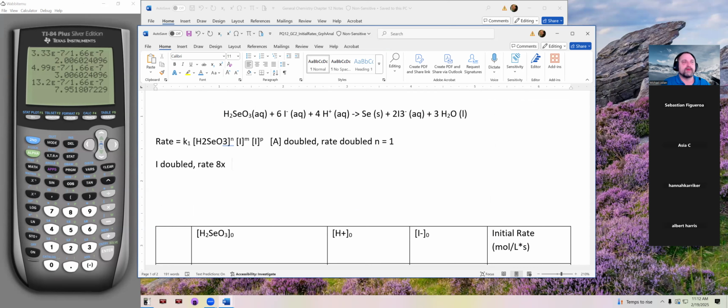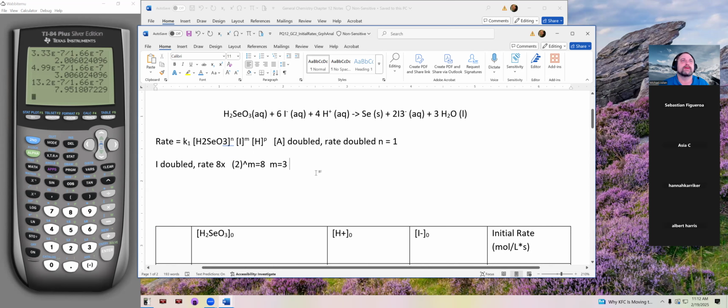So in other words, we're going to be taking 2 and raising it to some power. In this case, I've got 2 I's here, and I'm going to change this one to H. I'm going to raise 2 to the mth power. And so here, when I set that equal to 8, we see that m has to be 3. 2 times 2 times 2.